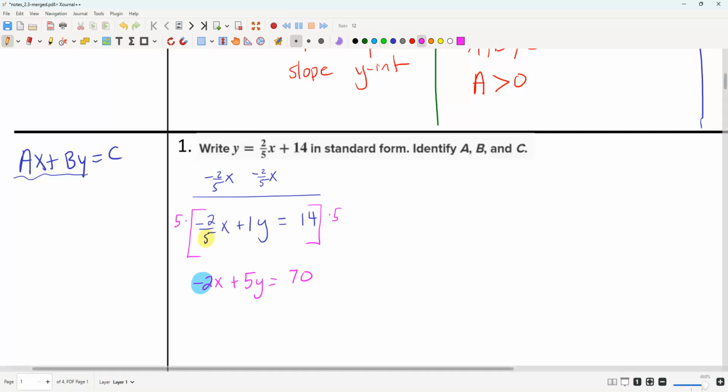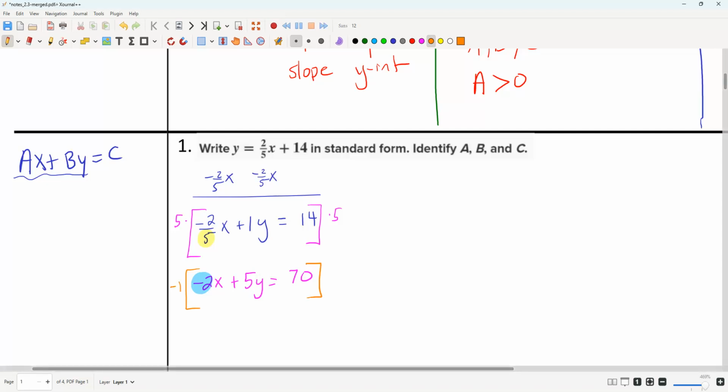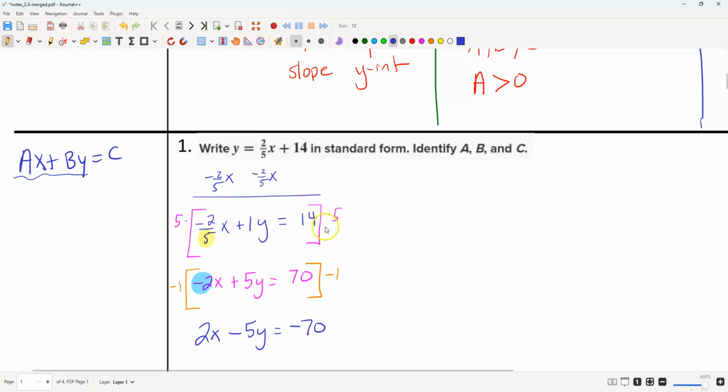So I want to make that positive, so we're going to multiply both sides by negative 1. We take the opposite of every single term here, and that changes this to a positive 2x. Now we're going to have minus 5y, and that equals negative 70. That is going to be it.